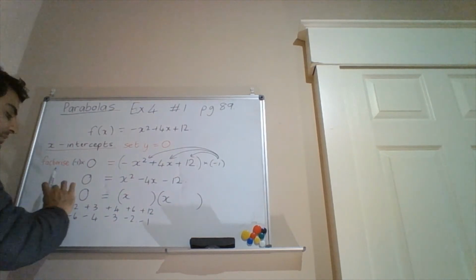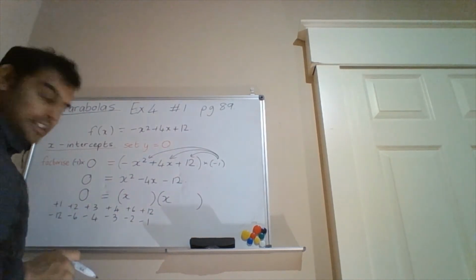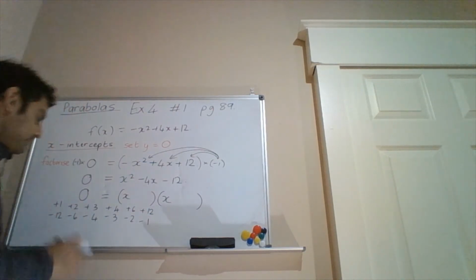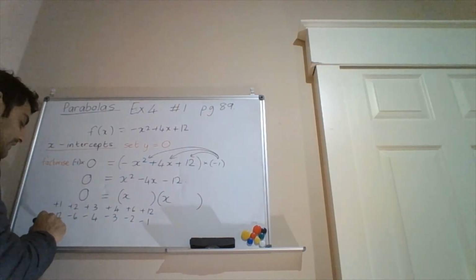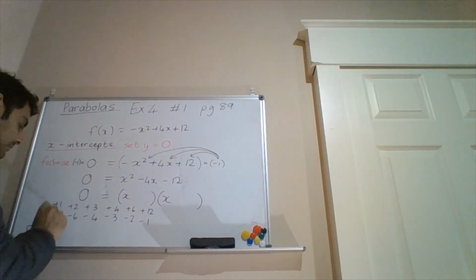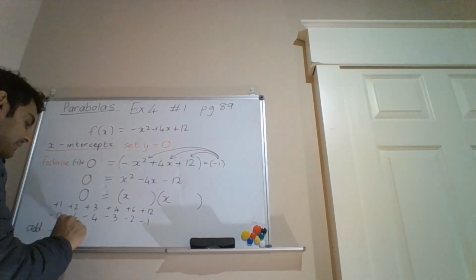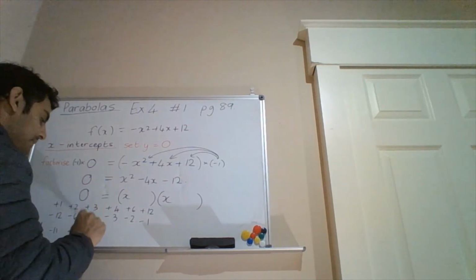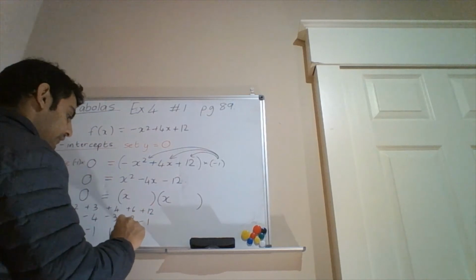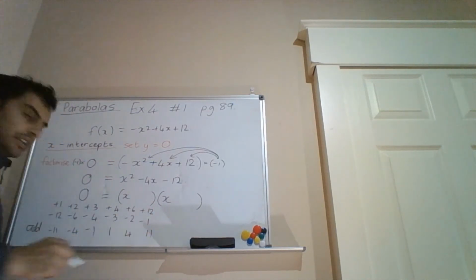So what happens when we add the two factors together? We add +1 and -12, we get -11. We add +2 and -6, we get -4. +3 and -4 is -1, and so on, giving 1, 4, and 11.